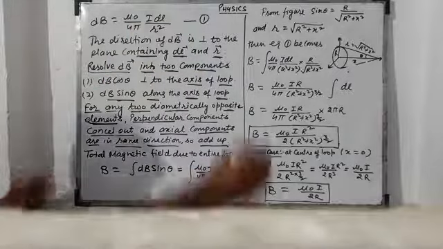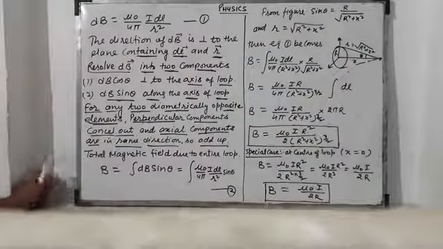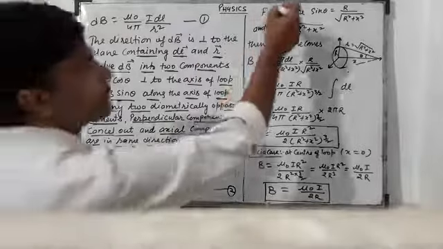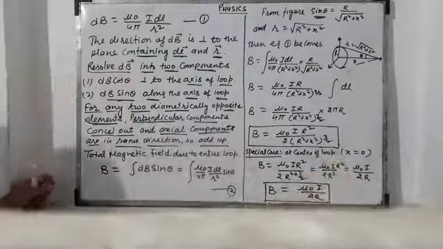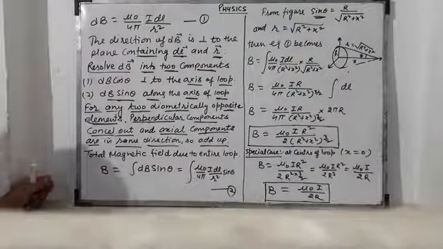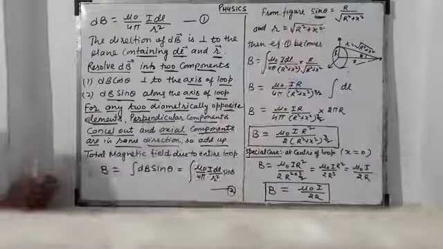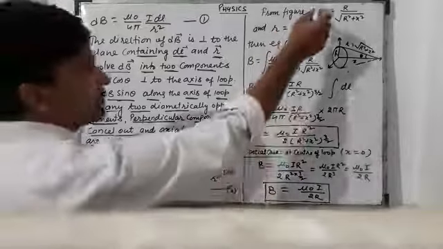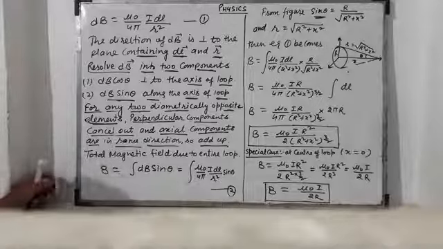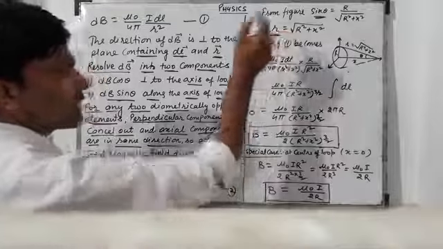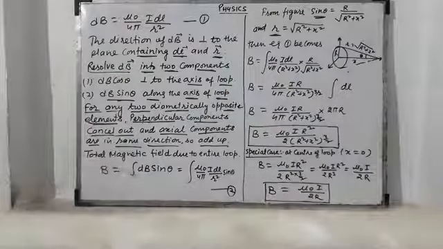From the figure, there is a small figure for your help, sin theta is equal to R upon square root of R square plus x square, with R the perpendicular and this the hypotenuse. And small r is equal to square root of R square plus x square.